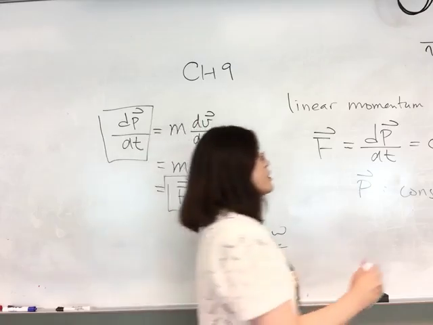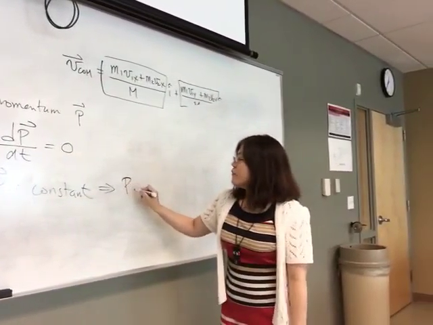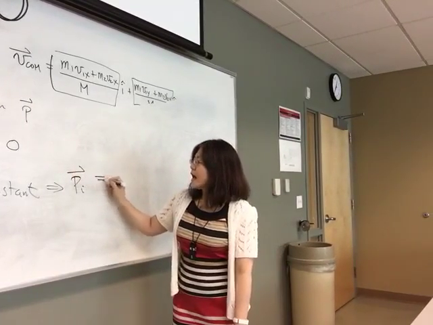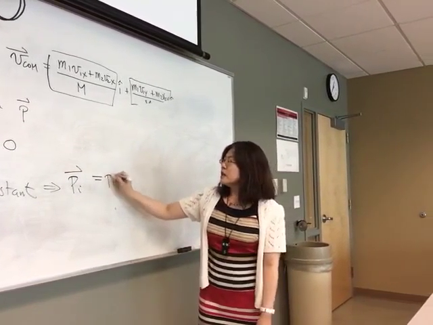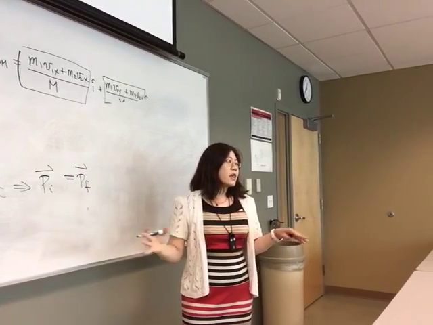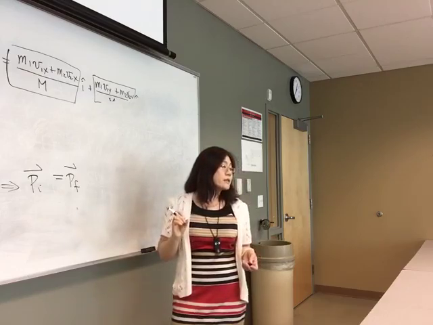The implication of this, when it is a constant, is that if you have a system that starts out with some initial linear momentum, it will have to be equal to the linear momentum after several processes, regardless of what kind of processes, as long as the net force acting on the system is 0.